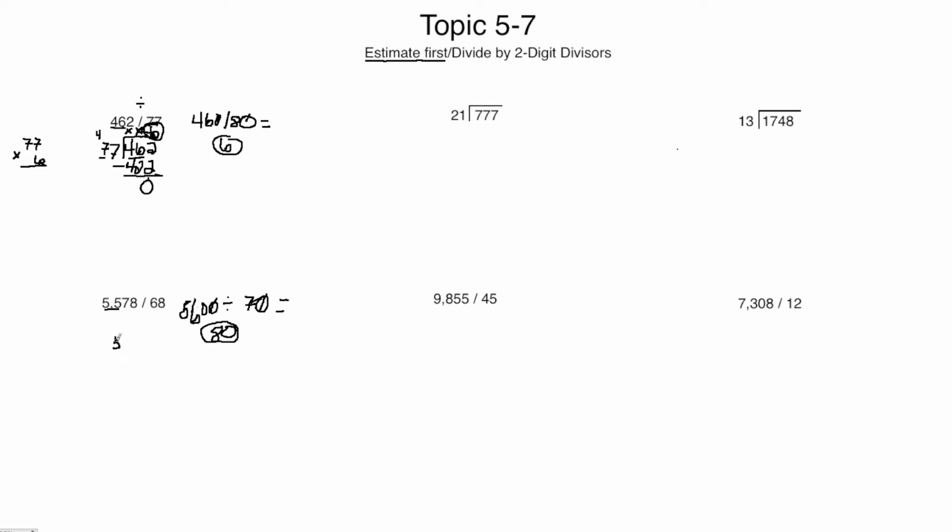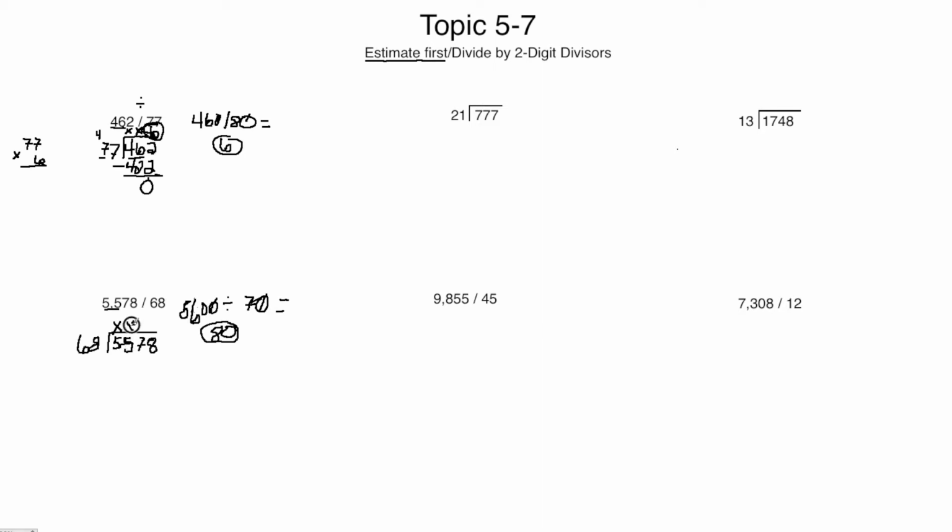Now let's find out what the actual quotient is. 557 divided by 68. So we ask ourselves, can 68 go into 5? No. Can 68 go into 55?